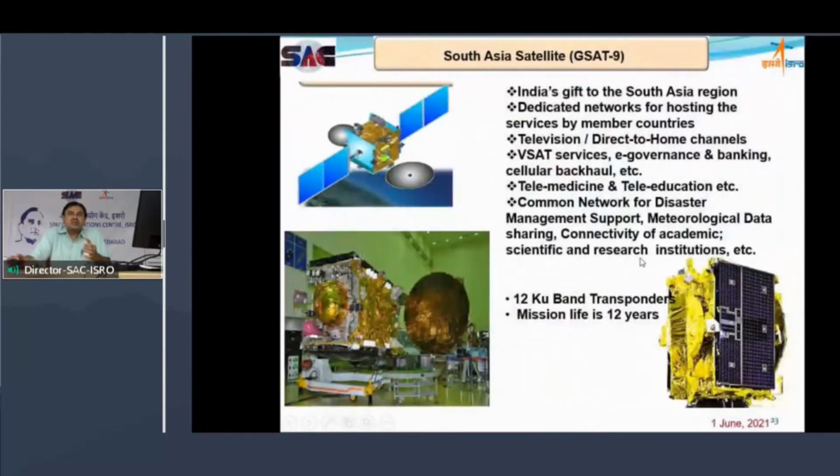So this was one of the satellites which we built to support our neighboring countries also. It is called South Asia Satellite GSAT-9. It has been working since 2017, and it is serving all our neighboring countries.